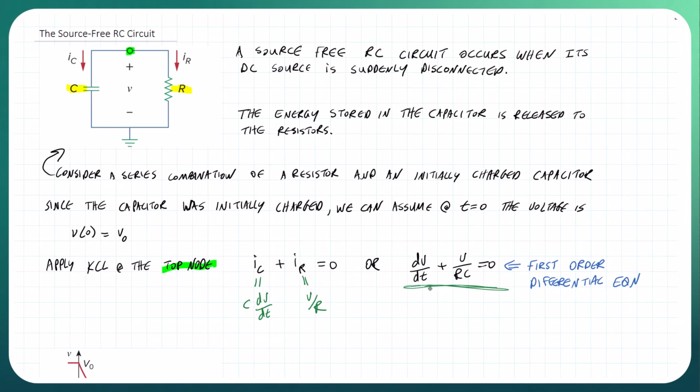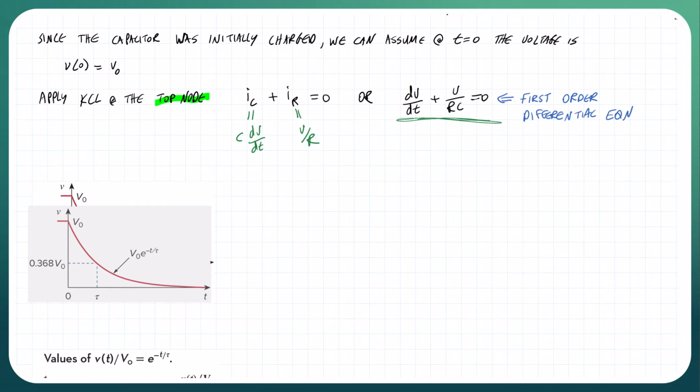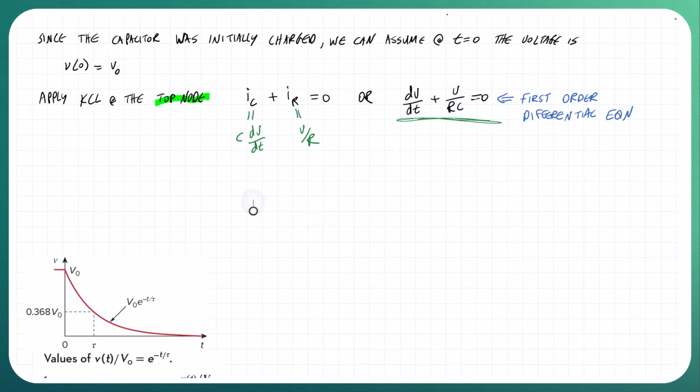We can further rearrange the terms. Now we can say dV over V is equal to 1 over RC dt.